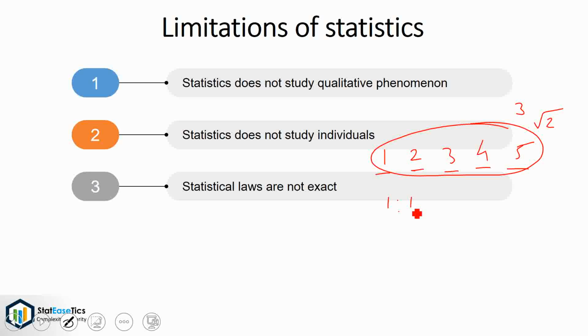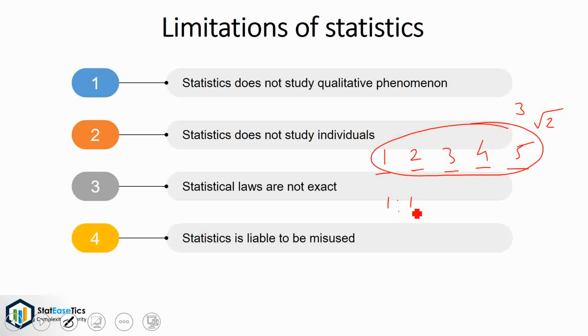That is, if I toss a coin 10 times, I cannot say that I will get heads 8 times or 9 times or tails 2 times or no heads, etc. It can be only said if I toss the coin indefinite number of times or very large number of times, then I can conclude that I will get heads and tails in equal proportion, that is 50% heads and 50% tails. Hence, statistical laws are not exact. They are true only on an average.